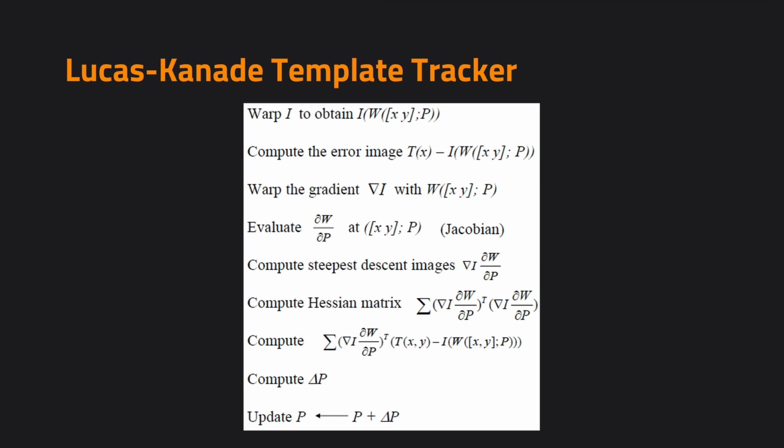The next step is to calculate the Hessian matrix based on the steepest descent images. Putting everything together, we can compute the update of P and get a new parameter for the warping. And we will iterate the whole computation again and again until the change of the parameter becomes very small.